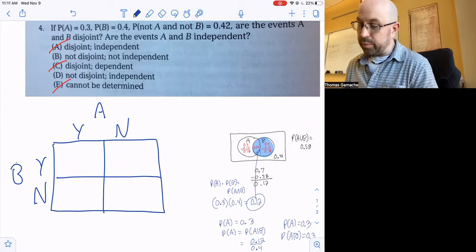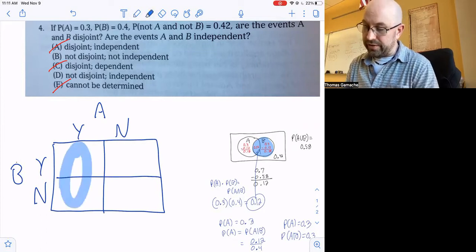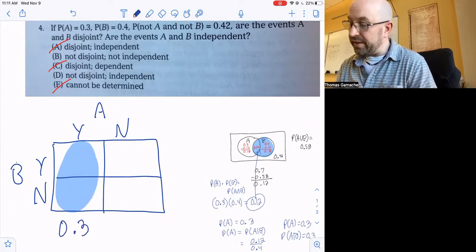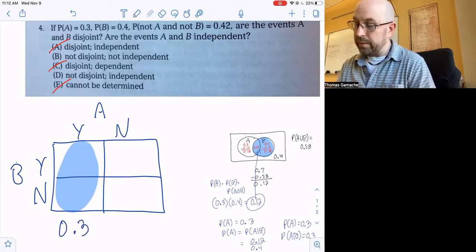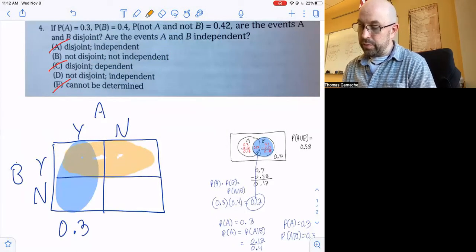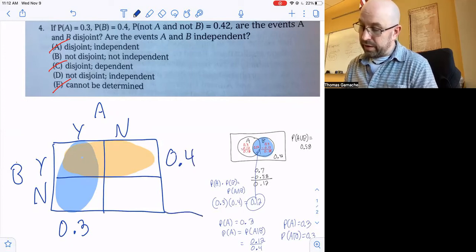Probability of A happening is 0.3. So all my yeses right here should be adding up to 0.3. All my yeses for B here should be adding up to 0.4, excuse me. And the probability of neither happening is 0.42.